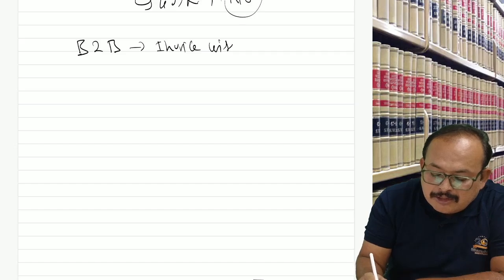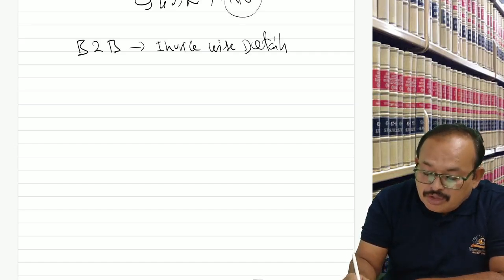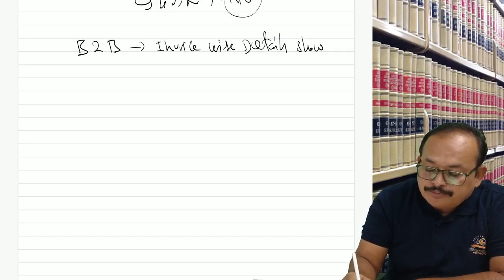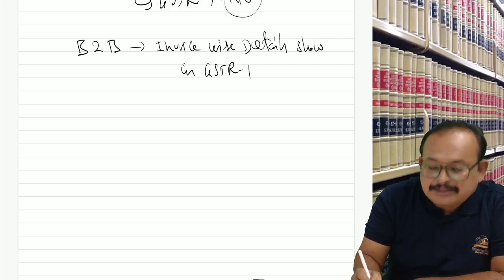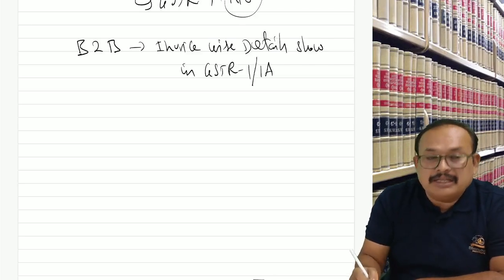Invoice wise details show where in GSTR 1 or 1A.